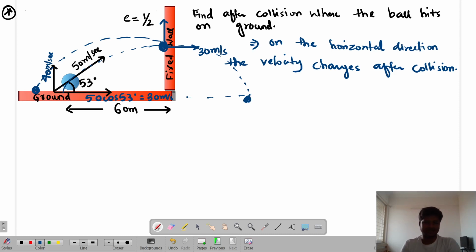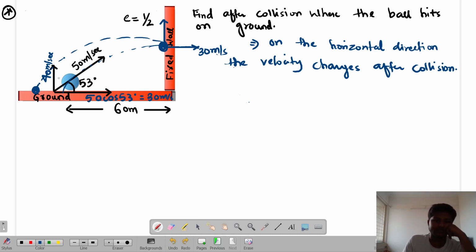The reason for that is very simple: in the vertical direction there is no extra force, and our time of flight is calculated with respect to displacement in the y direction and the initial velocity in the y direction.